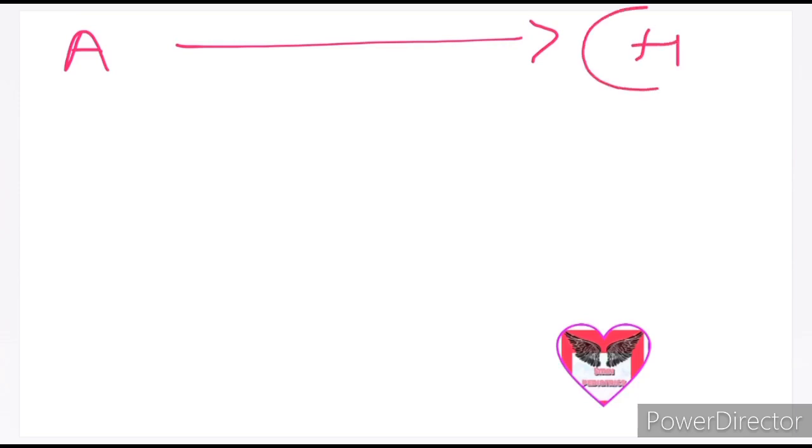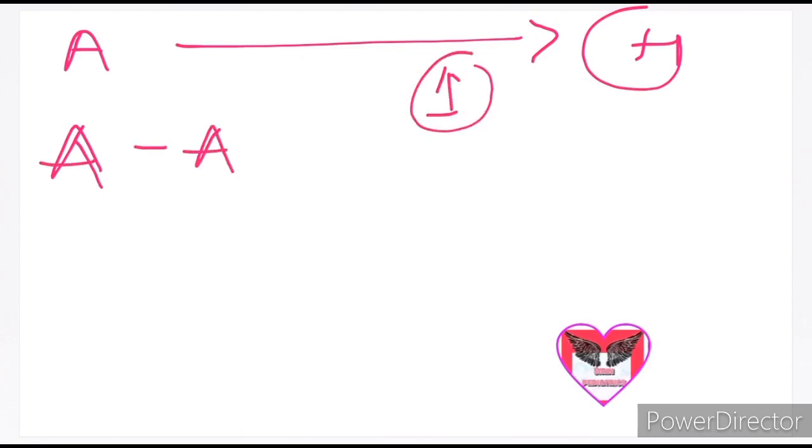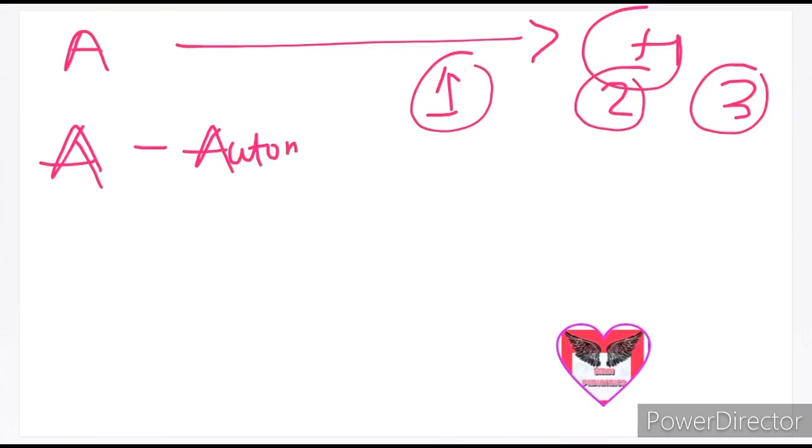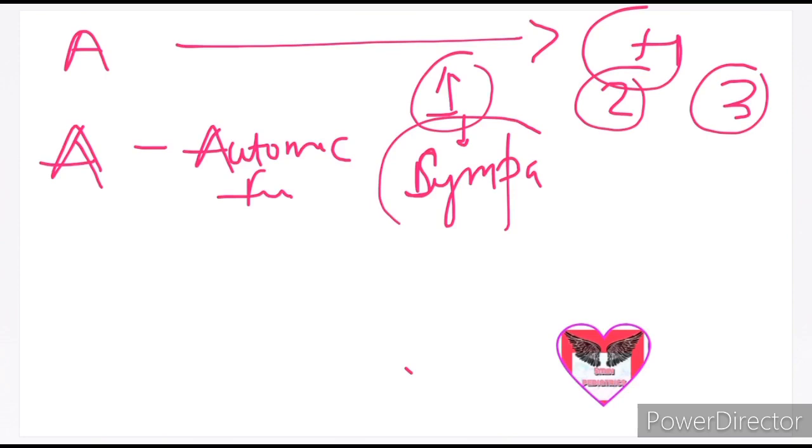First of all, A is autonomic function. Here we have stage 1, stage 2 and stage 3. In stage 1 there is sympathetic stimulation; all the manifestations related to sympathetic system stimulation we will see one by one.